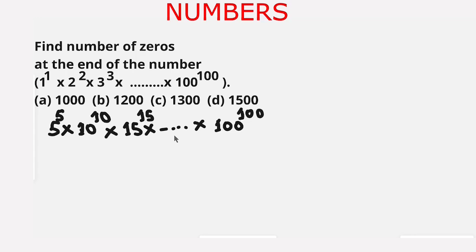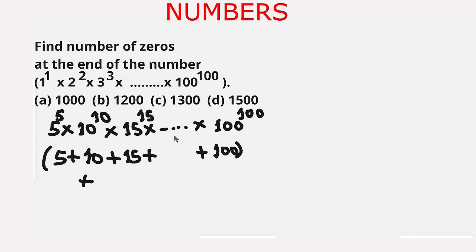So it will be 5 plus 10 plus 15 plus, it goes up to plus 100, plus 25 has 2 5s, 5 multiplied by 5, and the power of 25 is 25. So that will be the power of 5 also.